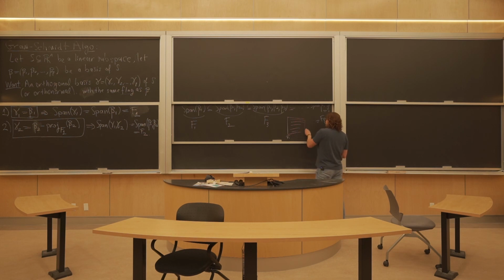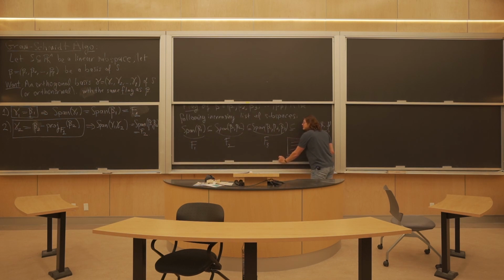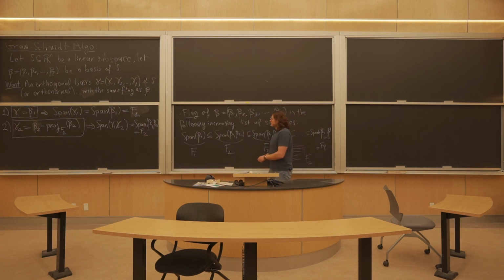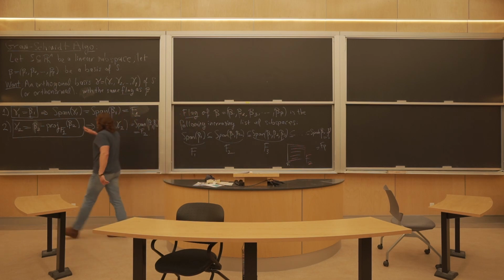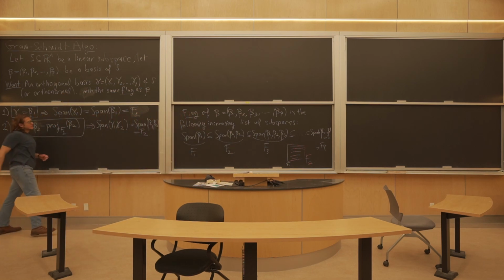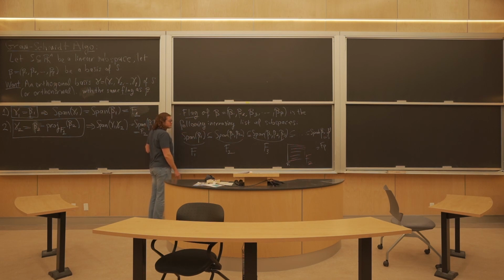Now you have f2. And then there's a 3-dimensional piece, and so on. It goes on like this. The point is that when I'm constructing this new orthogonal basis gamma, I want the same subspaces.